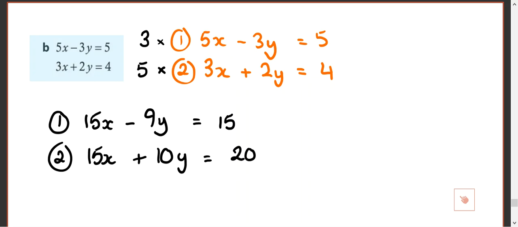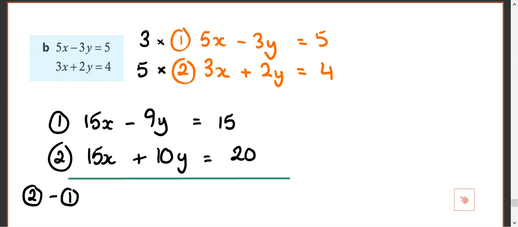Now, the actual word elimination also comes from this: how do I work out mathematically the difference between two things? Subtract. So I am going to do equation 2, and subtract equation 1 from it. You could do it the other way around if that works. I've chosen this way round because 20 subtract 15 is 5.